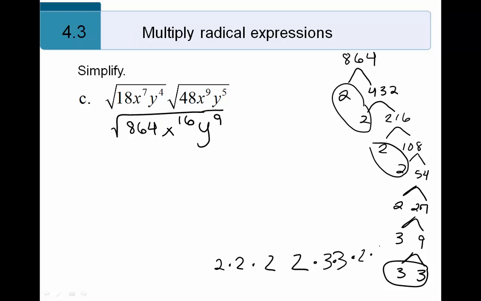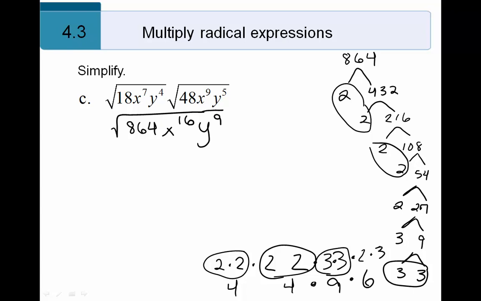I'll just stick those at the end. Okay, so this is a 4, 4, 3 times 3 is 9, and your leftover 2 times 3 is 6. So that's how you have to split up the 864. Okay, now in future problems I probably won't do the entire factor tree since that lesson was from 4.1.